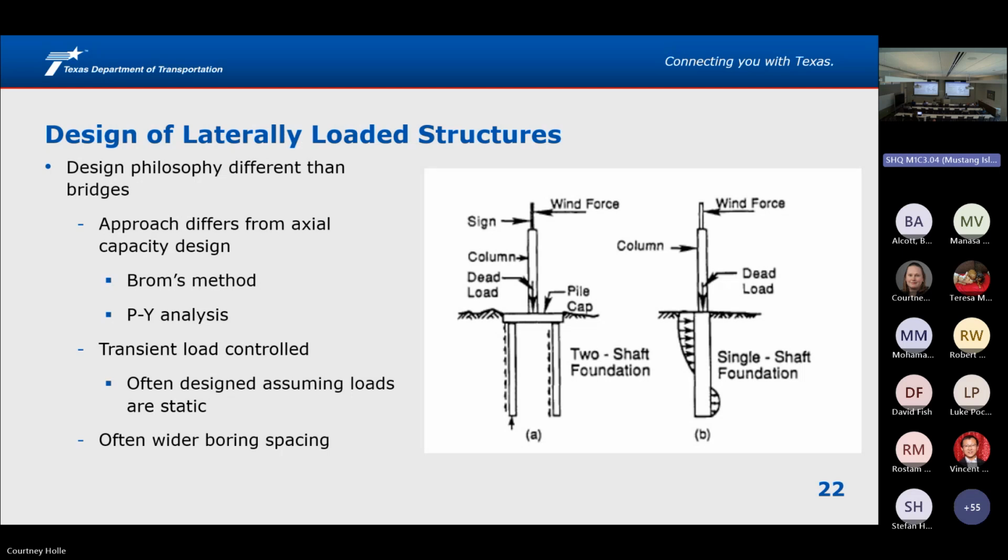And then the other thing to think about when you're designing laterally loaded structures is how far away is my information, or how comprehensive is the information that I'm using to design the structure. It's very different if I have a boring that's sitting right on top of the foundation than if it's 300 feet away. It depends on whether I'm relying on a rock layer, and whether I believe, based on the information that I have, that the site is uniform across the site, et cetera.